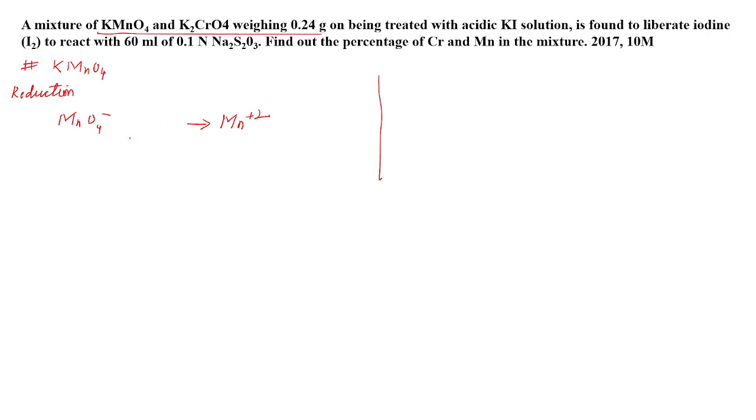So first we need to balance this. First we are going to balance all the elements other than oxygen and hydrogen, which is already balanced in this equation. Then we are going to move forward to balance the oxygen by adding the water molecule to the opposite side of the equation.